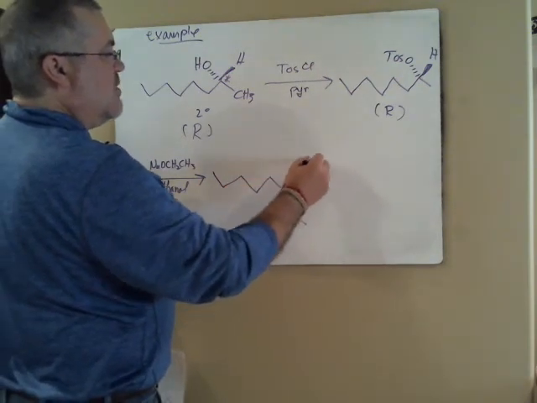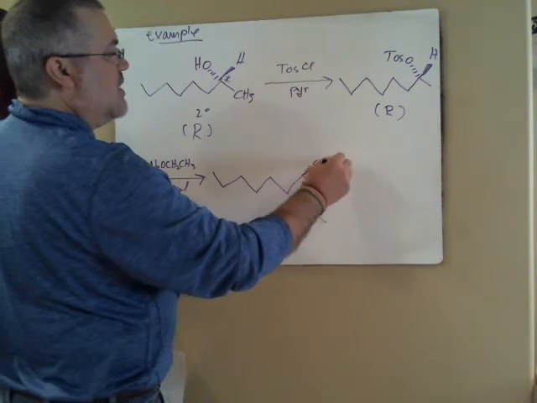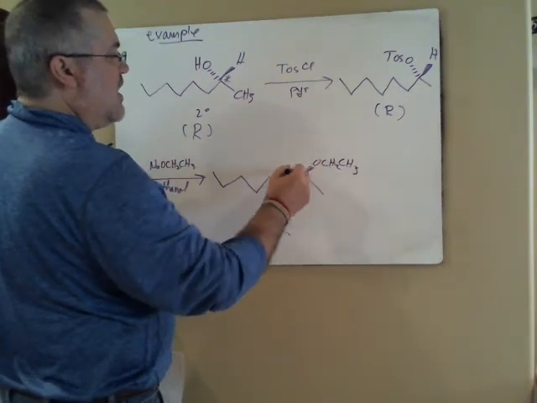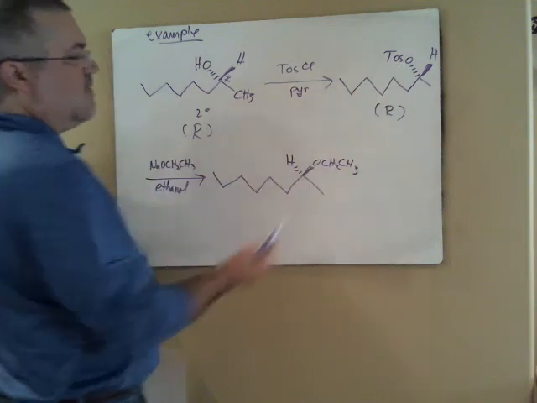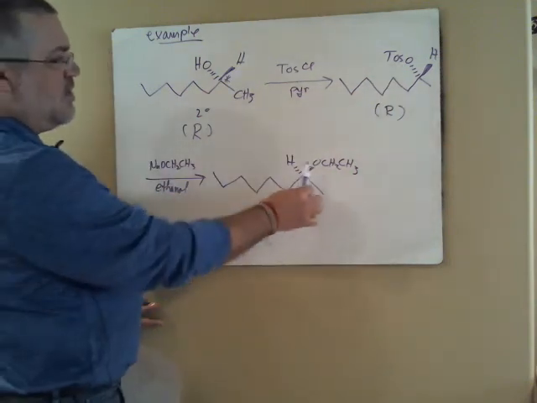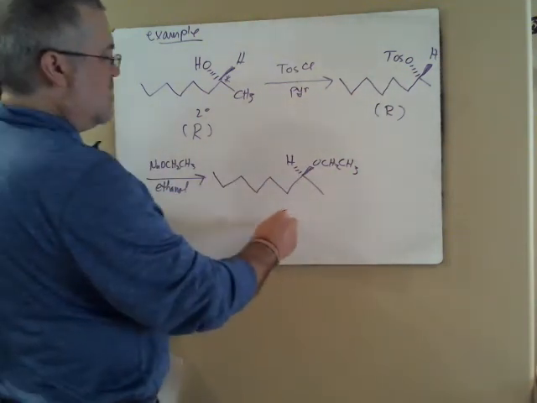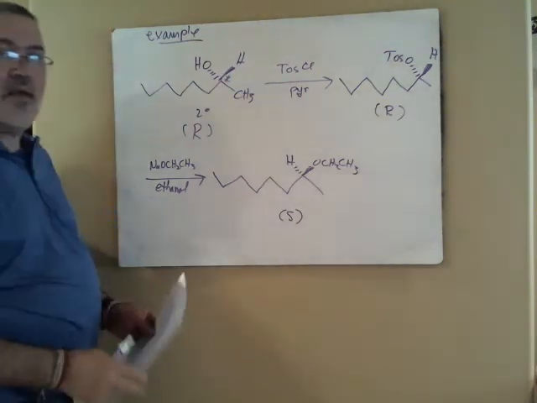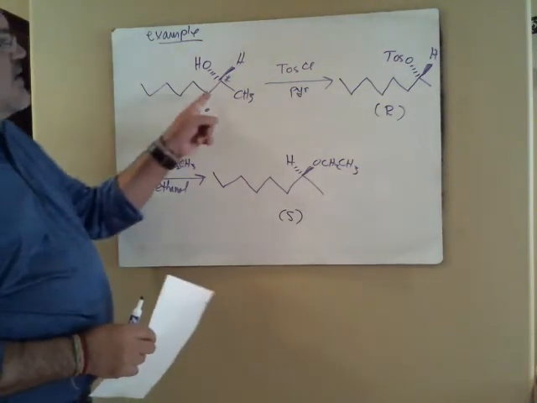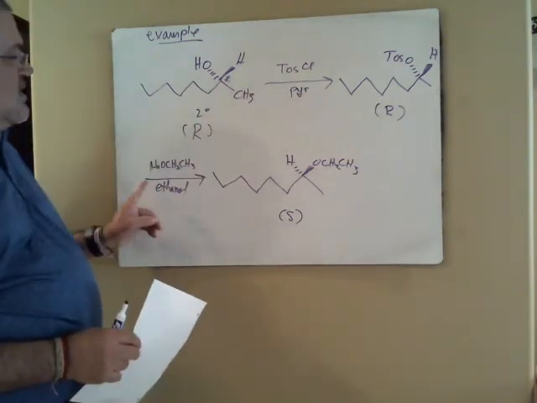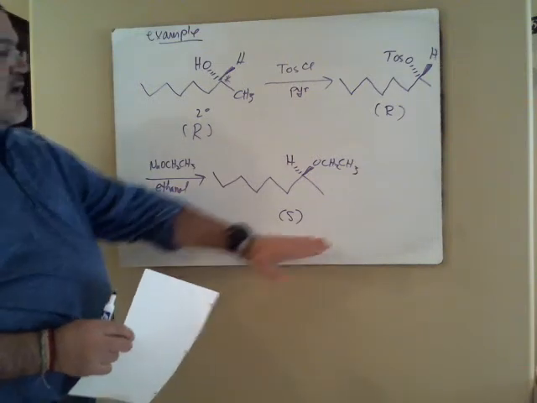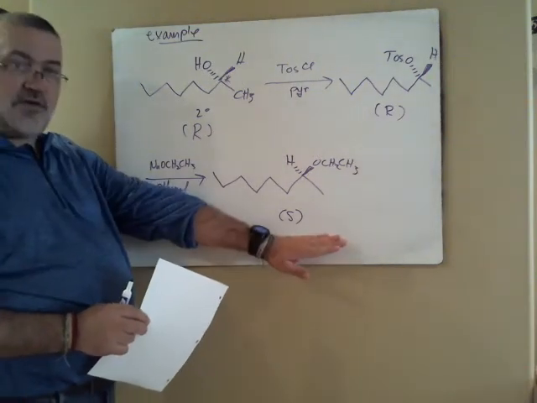So then my nucleophile ends up on the opposite side of the leaving group. So I have now inverted the configuration, and this is now S. Okay, so here I did a retention, inversion, so I got overall inversion.